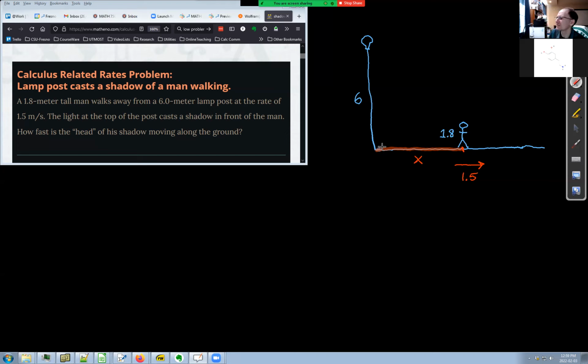I'll just call it X. X represents the distance that the man is from the light pole. And the problem is telling me that dx/dt is equal to 1.5, because that's what this arrow is saying: this distance X is increasing at a rate of 1.5 meters per second.